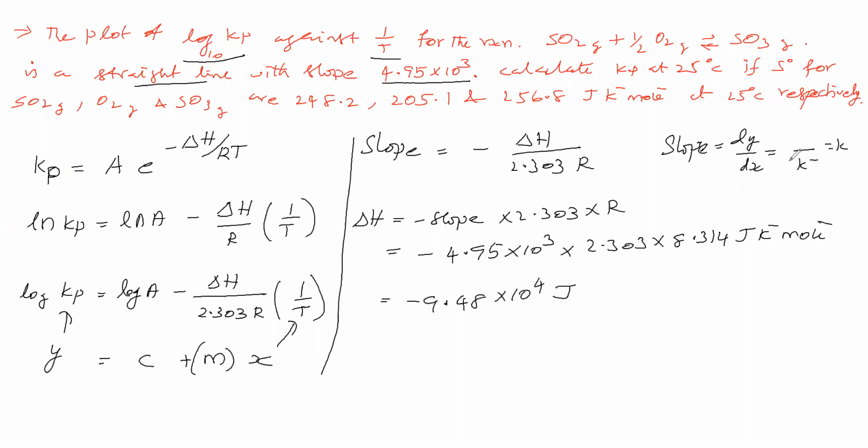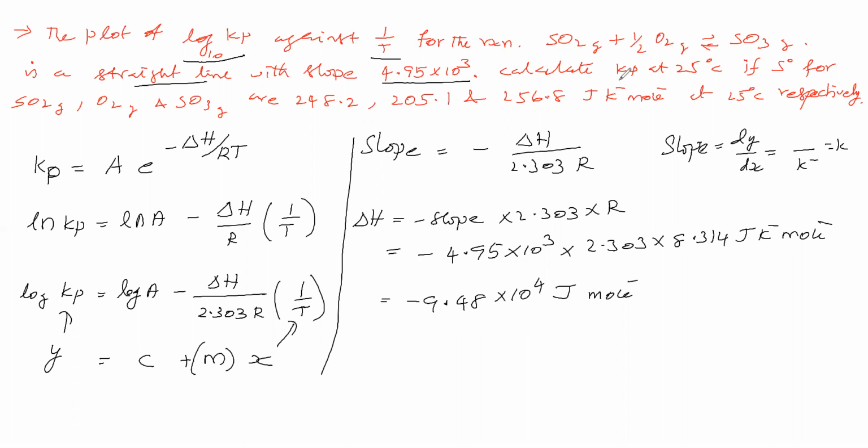Therefore the slope unit is Kelvin. This Kelvin and the per Kelvin get cancelled. Therefore the unit for delta H is joule per mole. So from this straight line we got delta H.